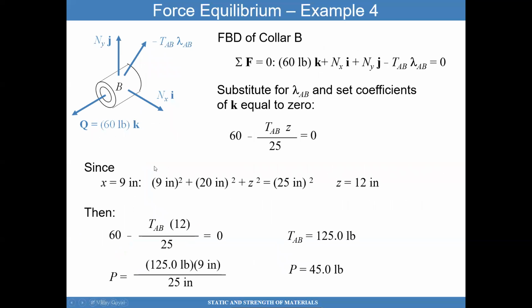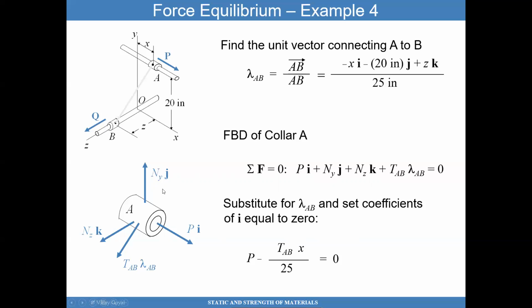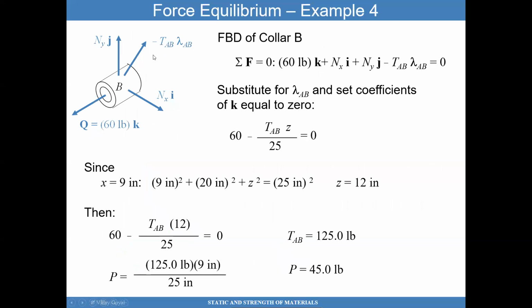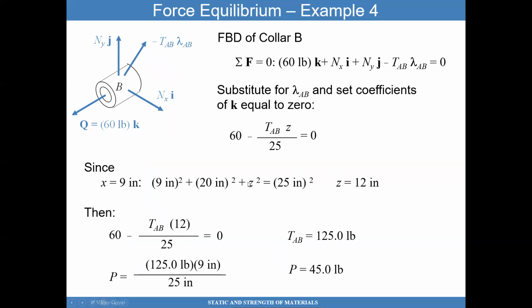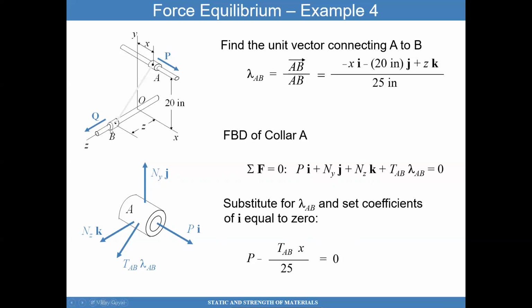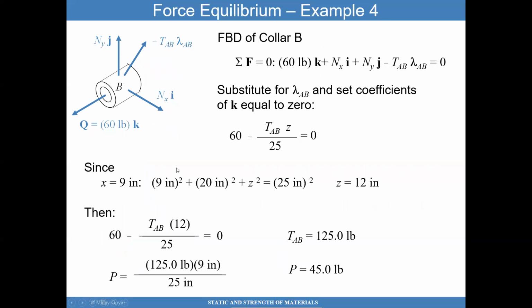So I have 9 squared, because this distance is 9, 20 inch squared, which is the height of that point relative to this point, and then z squared, which is the distance between this point and where the collar is. I know that has to be 25 because the length of the wire is 25, so I can solve for z. z is 12. Once I know what z is, I can plug it in here, get the tension on the wire, which is 125 pounds.